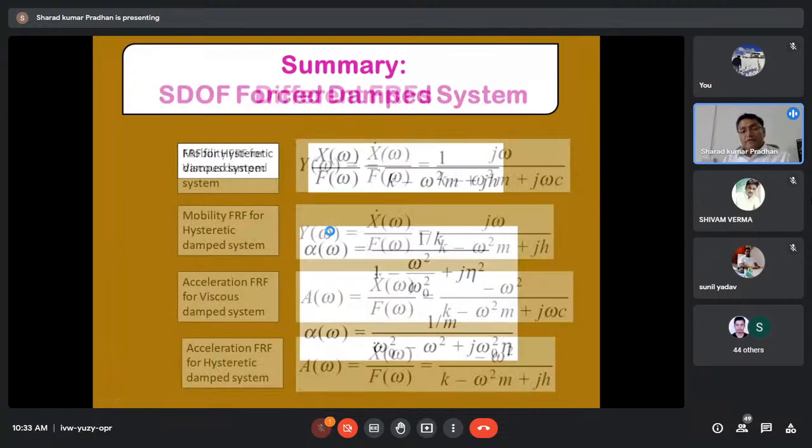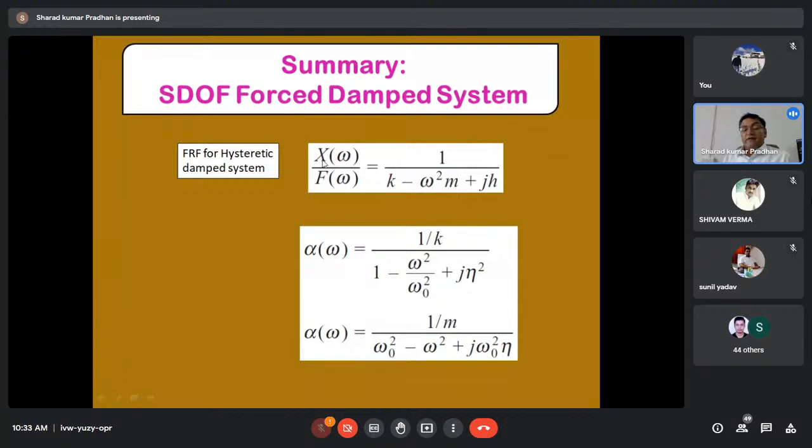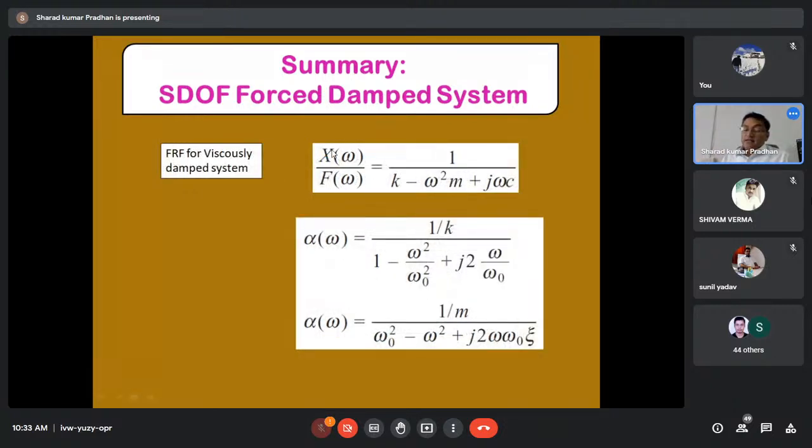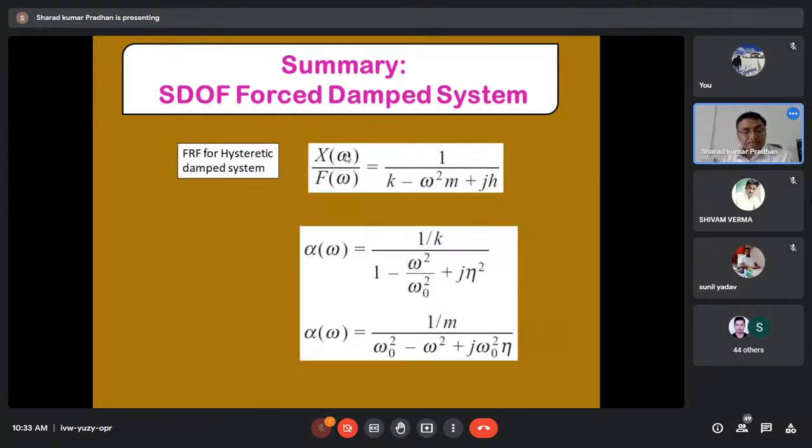And if you look at the previous one, this is the displacement FRF for structural, and this is the displacement FRF for viscous. So there are three ways by which we can represent FRF: displacement divided by force, then velocity divided by force, then acceleration divided by force. All these three are available in all the literature, whether it is research literature or a book.